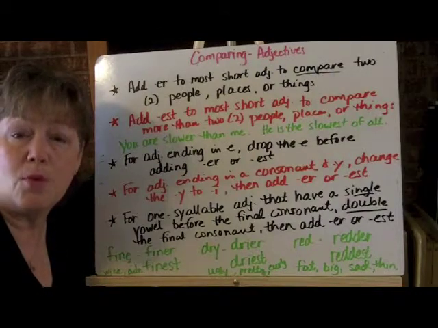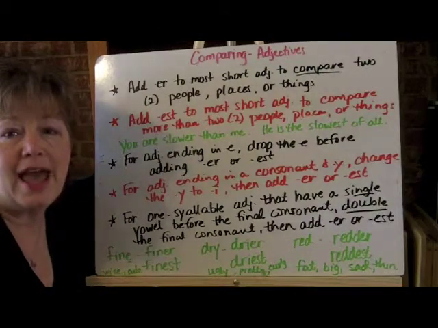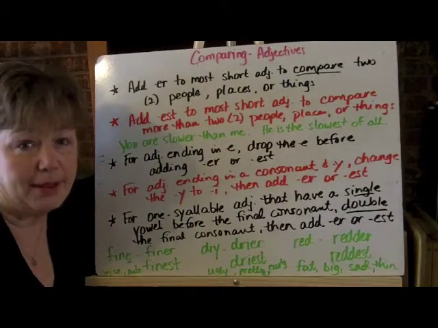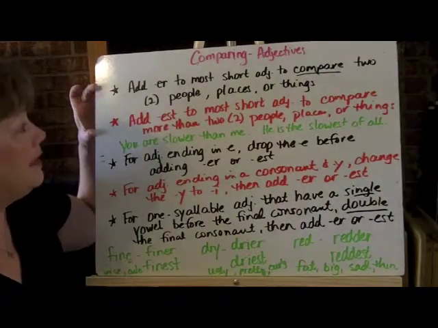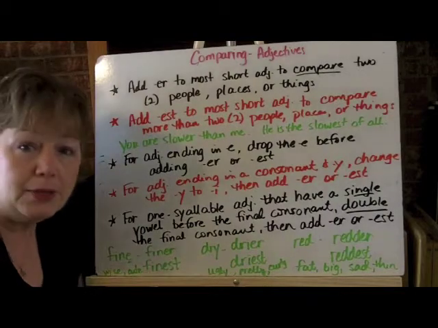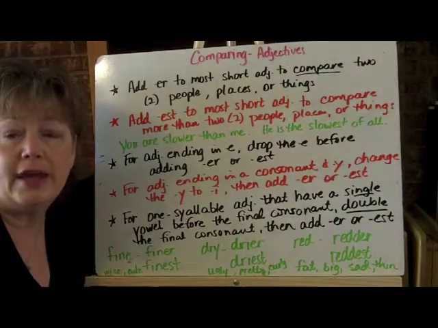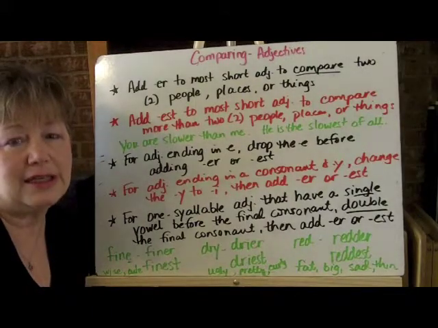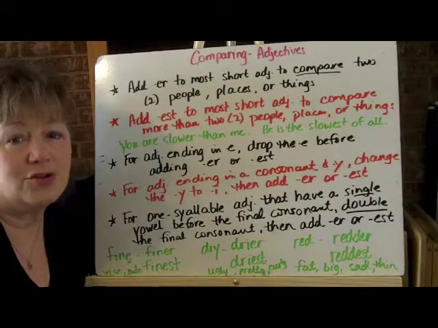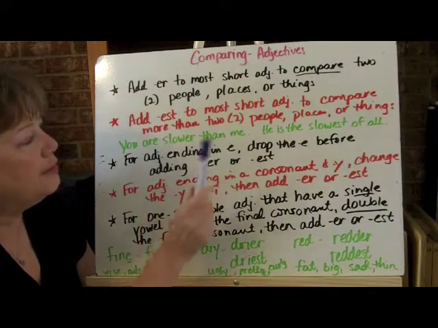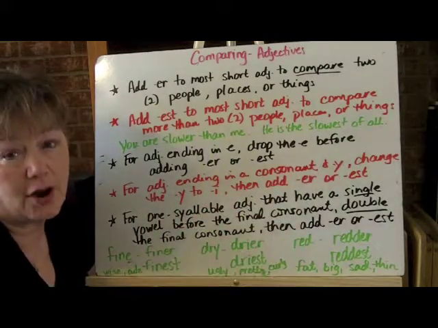So I'm comparing more than two, so I add the EST, fastest in all the family. So those are our two basic things to know when you're comparing two people or two places or two things. It's ER. And if it's more than two, it's EST. You are faster than your brother. Your uncle is the fastest of all. Because you are slower than me, but he's the slowest of all.